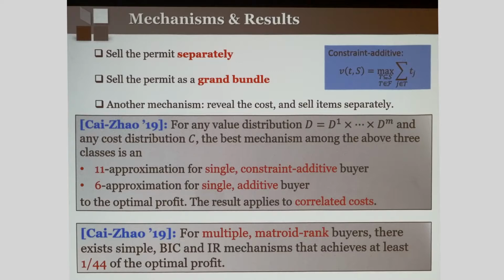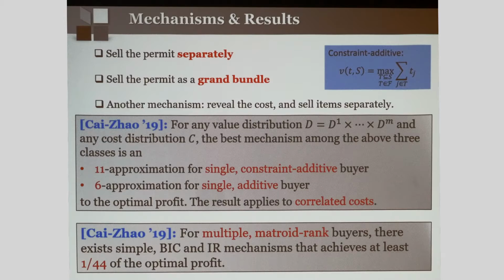And then we generalize the result to the multiple matrix rank buyer case, and so here matrix rank is just a special case of this constrained additive. And we prove that in this case, there exists a simple and truthful mechanism that achieves a constant fraction of the optimum profit. The mechanisms for this multiple buyer case are more involved, and we will elaborate more at the last part of the talk.